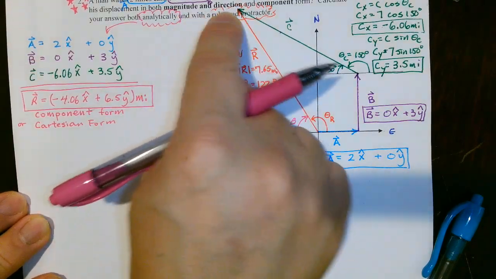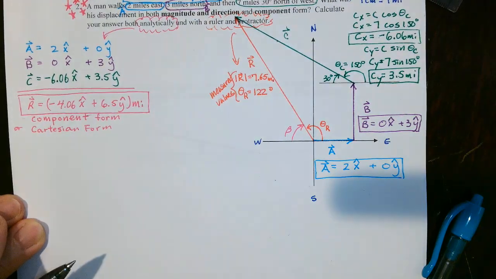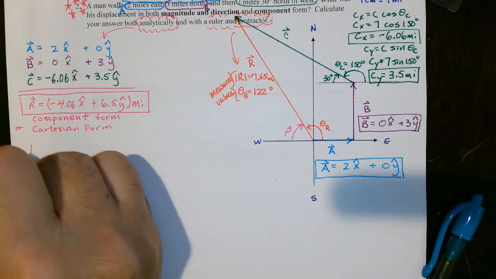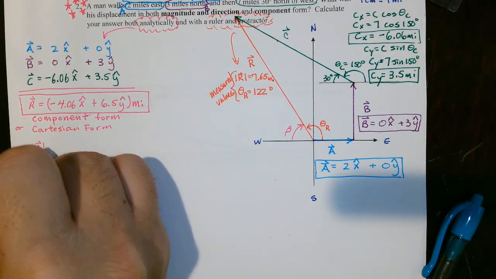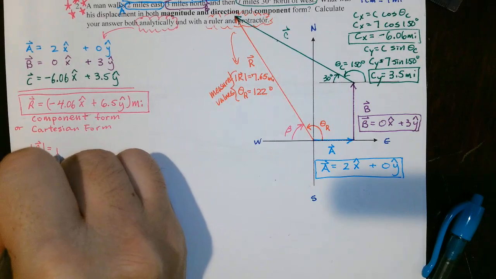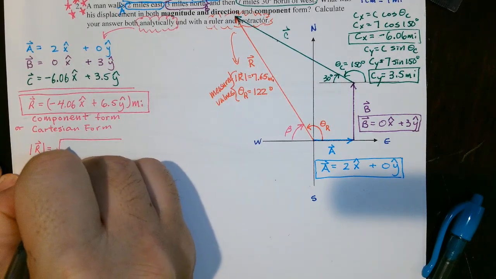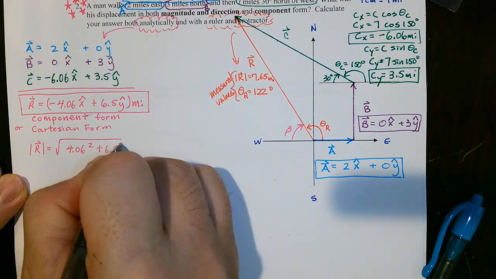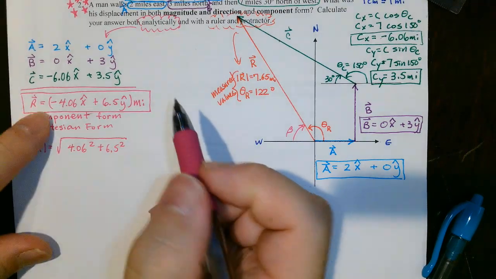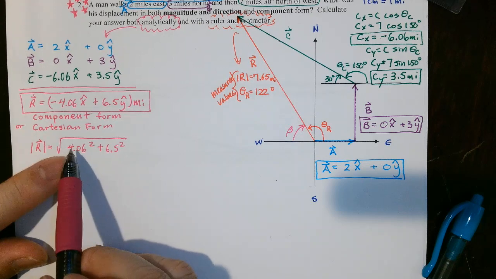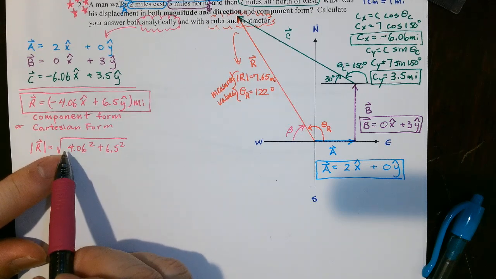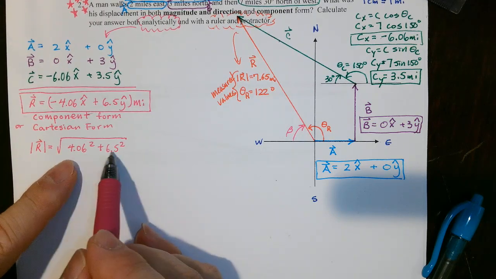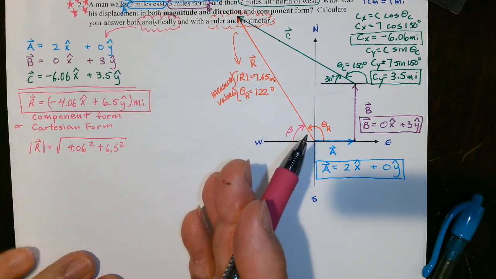Now to do the magnitude and direction, John, you just have to use the Pythagorean theorem to get the magnitude. So here's the magnitude, which is the square root of 4.06 squared plus 6.5 squared. Some people actually put that negative in here, and then when they squared it, they didn't square the negative, and then you got a smaller r value than these two sides.